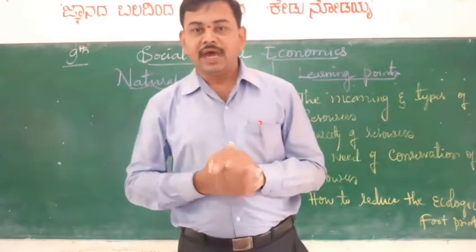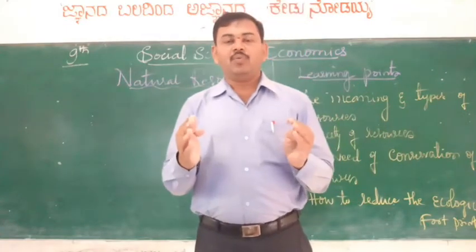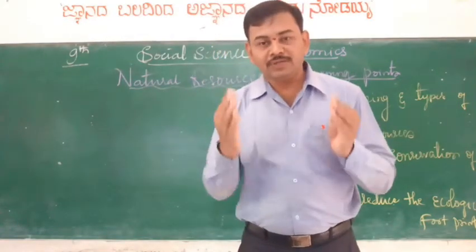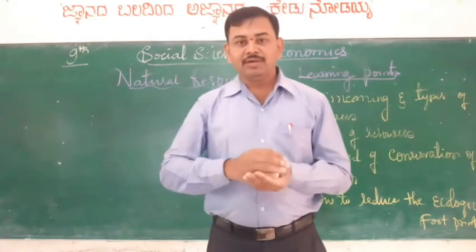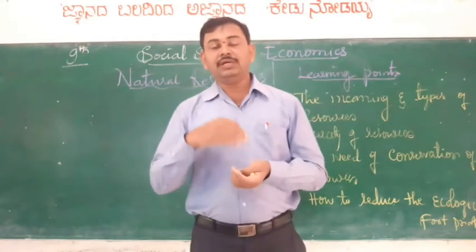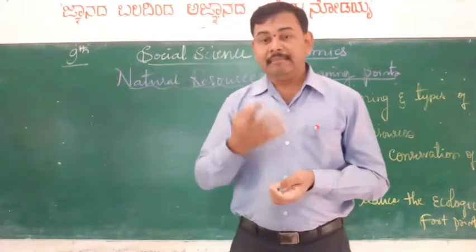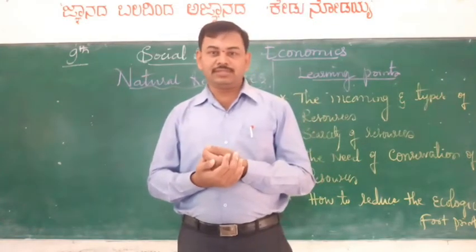My dear students, as I told, natural resources are the resources that we get naturally on the earth's surface. Examples: sunlight, trees, water, air, soil, minerals. These are called natural resources.